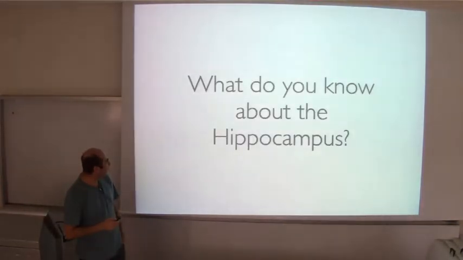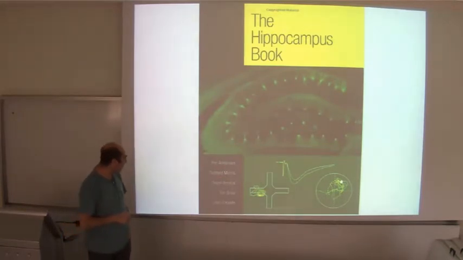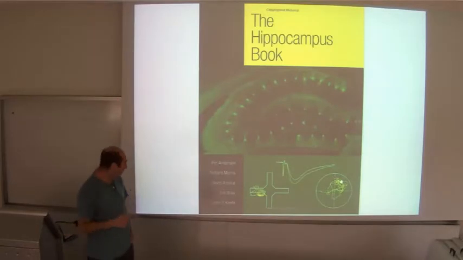Just before I continue, I wanted to mention this book, written in 2007 by a group of people who have been working on the hippocampus for a long time. Per Andersen and Tim Bliss were the first to find LTP. It was Tim Bliss, but he was a postdoc in Per Andersen's lab.